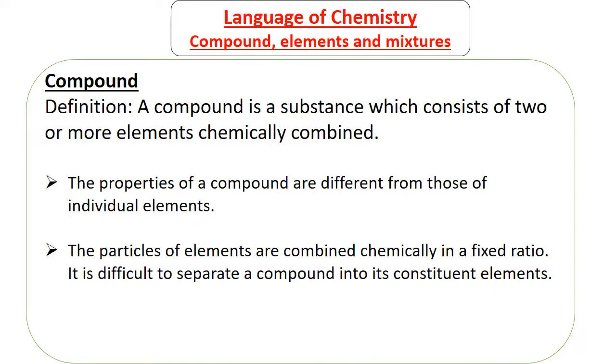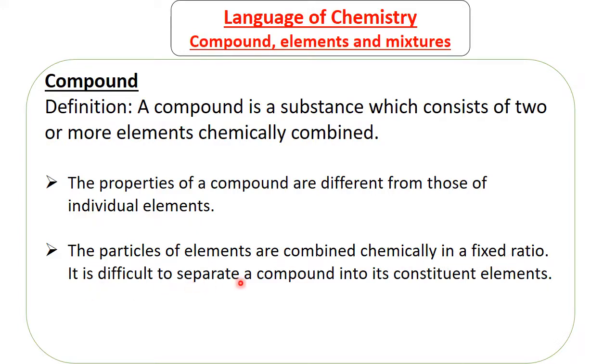For you to form water, you need 2 elements of hydrogen and 1 element of oxygen. When you combine these, you're going to get water. If you increase the number of elements of oxygen to 2, then it's something else. So the particles of elements are combined chemically in a fixed ratio. That's what it means.